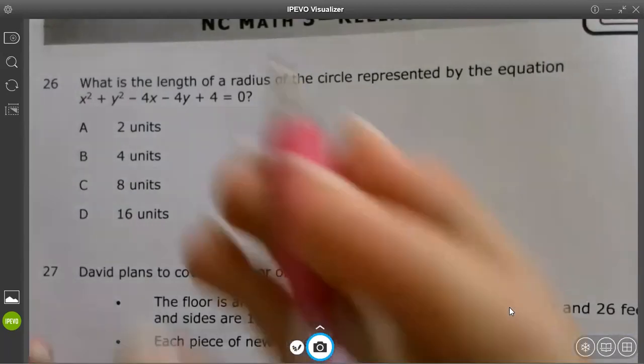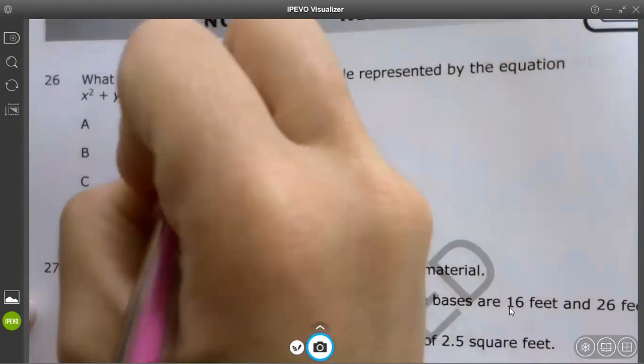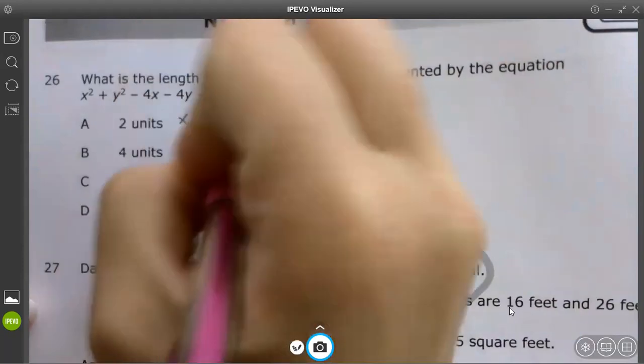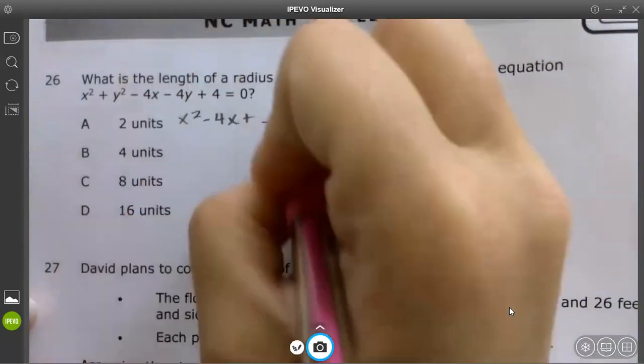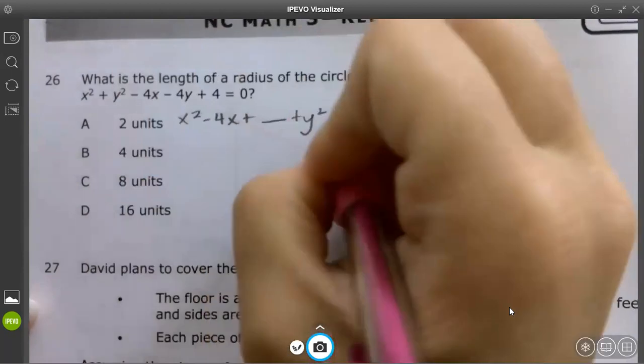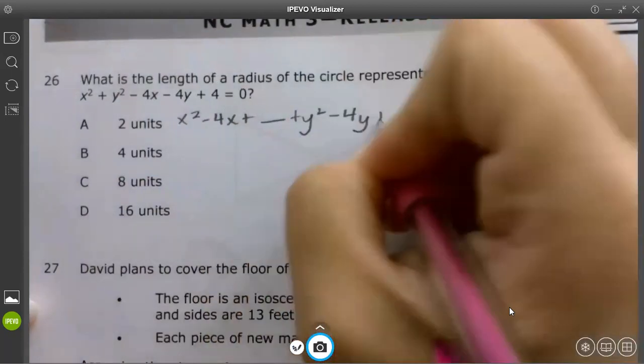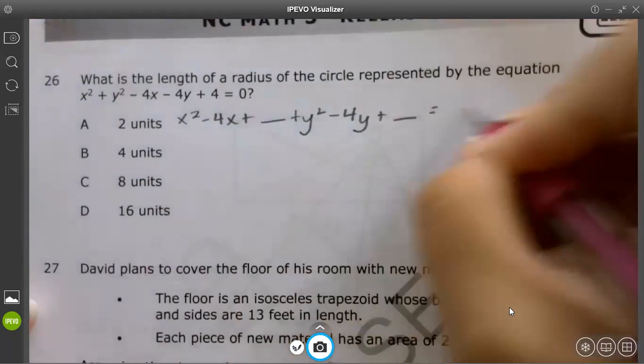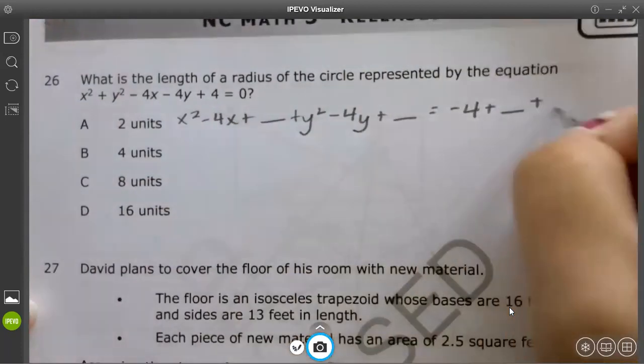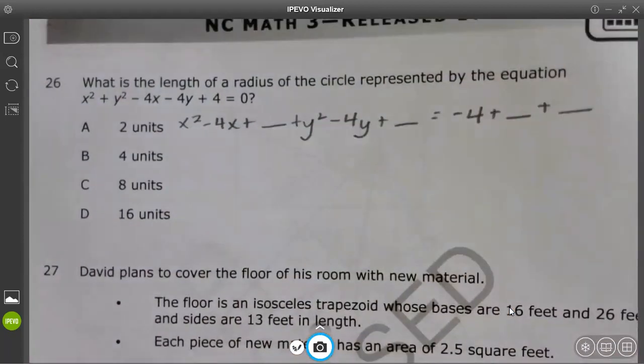So we're going to put our x's together and put our blank in. Put our y's together. Put our blanks in. Subtract your 4. Put your blanks in.